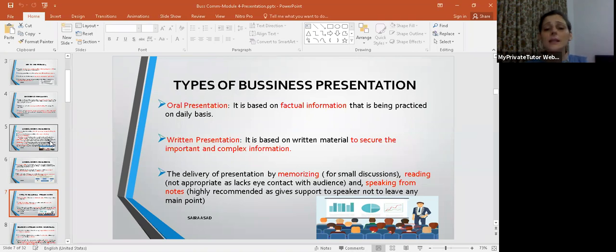The delivery of a presentation by memorizing is suitable for small discussions. Reading is not appropriate as it lacks eye contact with the audience. When you are having a presentation and the audience is in front of you, if you're just reading and not making contact with your audience, there's a lack of effective communication. So there should be eye contact.